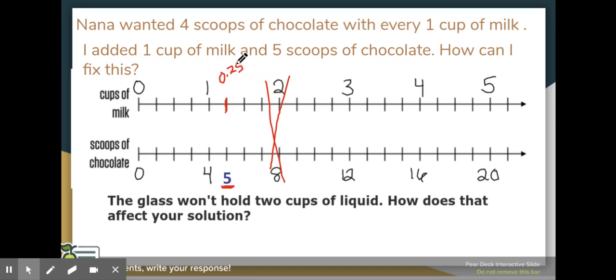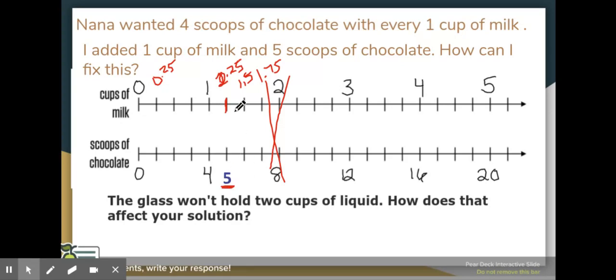They're both a quarter. So each one of those lines, sorry, I should have put 1.25. Each one is 0.25 or a quarter. So this one is 1.25. This one's 1.5. And that makes that one 1.75 because you're going up 0.25 each time.